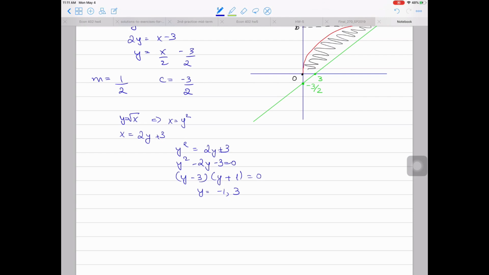is the upper bound. So our integral would be from 0 to 3 of f(x) minus g(x), where f(x) is the line and g(x) is our parabola.